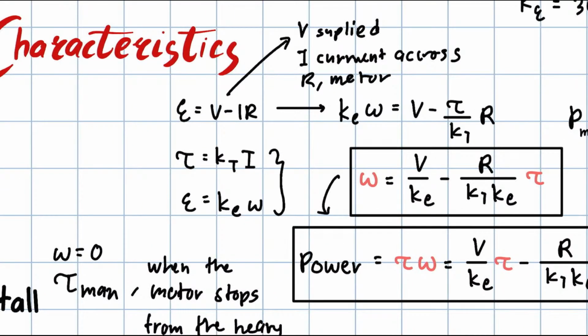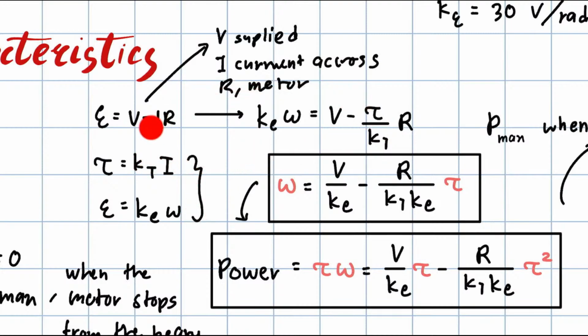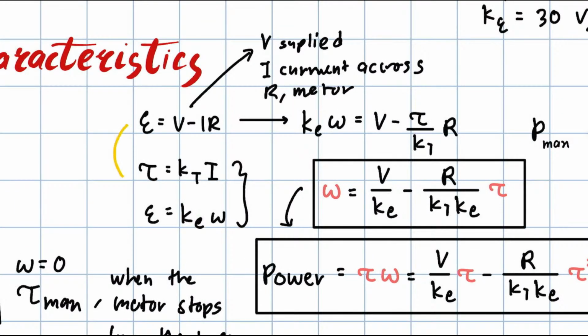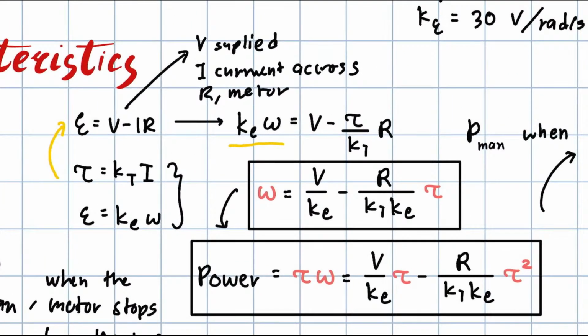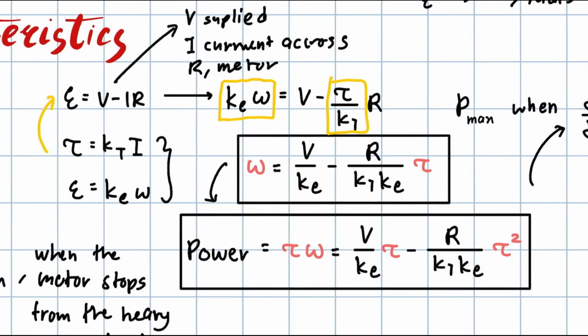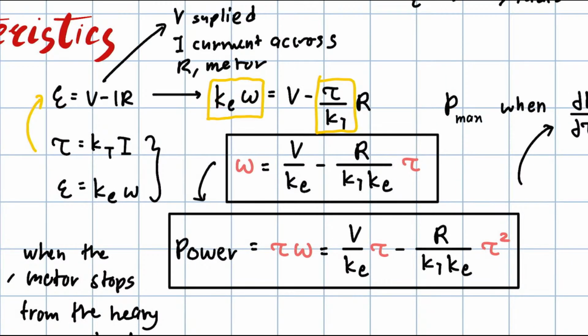So these are the equations we came up with just now. Torque equals torque constant times current. The EMF equals the EMF constant times angular velocity. We put both of these inside here, and then you multiply the equation with the EMF constant, and you will get this equation.